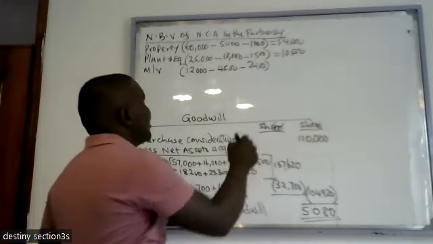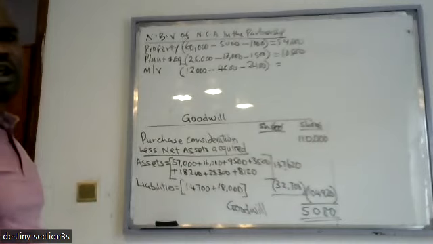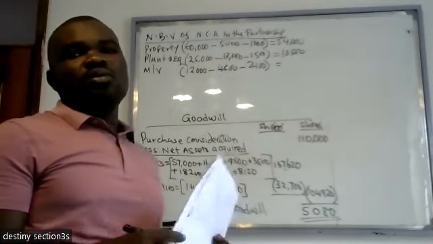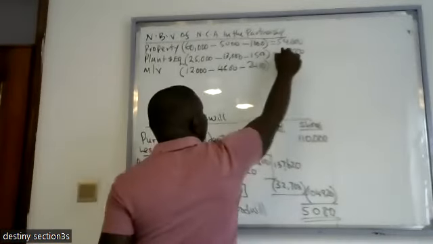So what will the book value be? 24 plus that is 72. Is it remaining again 48? Confirm? Yes, 48.